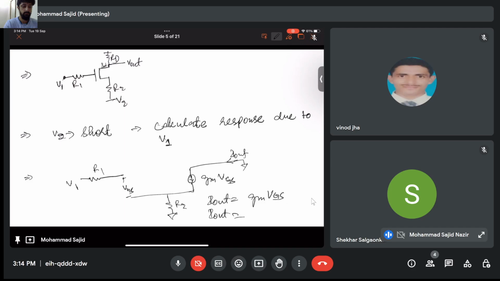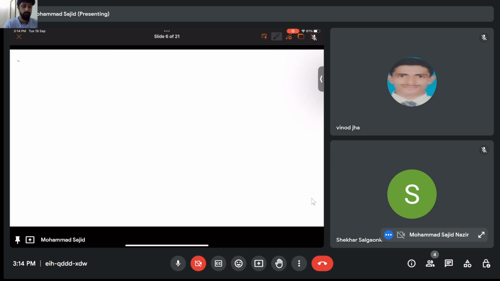The gate is at potential V1, but the source is at Iout times R2. So Iout plus gm R2 Iout equals gm V1. So we get Iout as gm V1 divided by (1 plus gm R2).